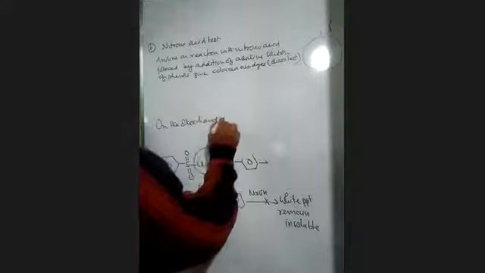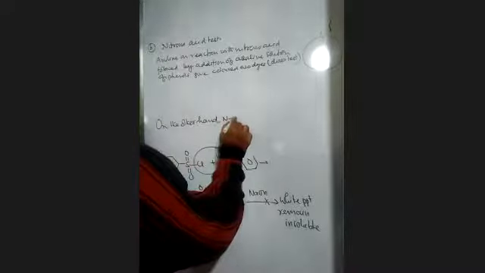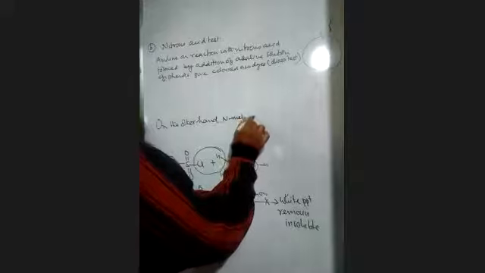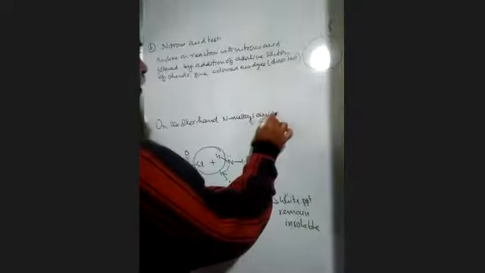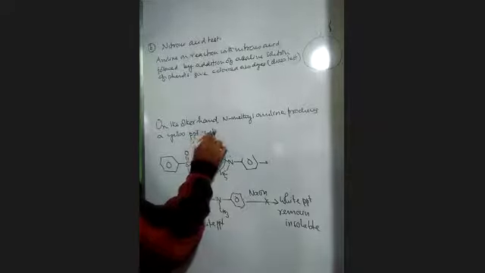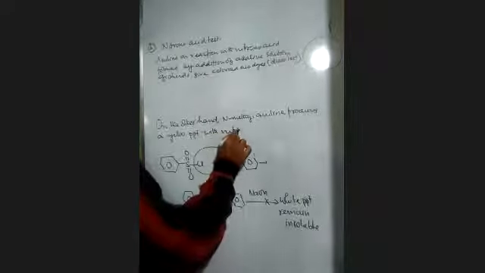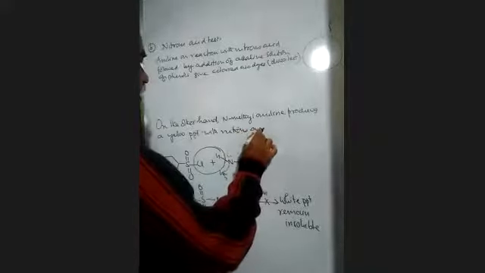On the other hand, N-methyl aniline produces a yellow precipitate with nitrous acid.